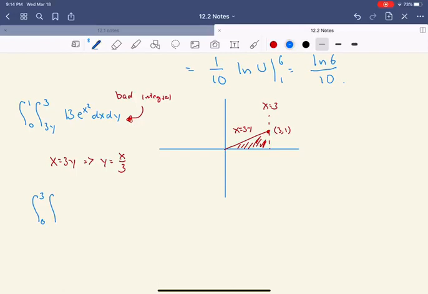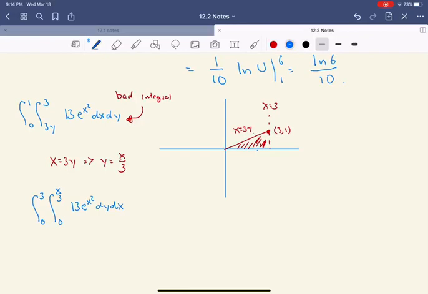The limits in y are going to be from 0 to x over 3. And then we're going to take 13 e to the x squared dy dx.